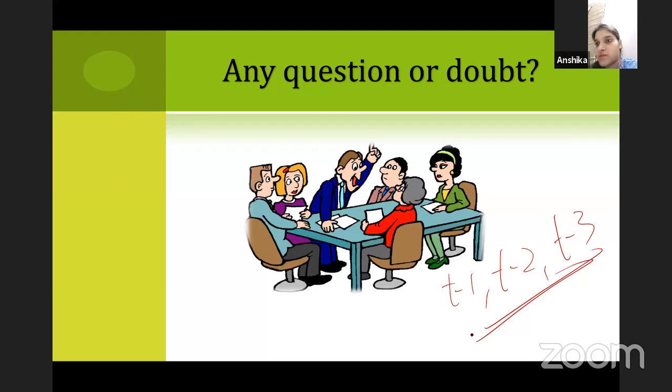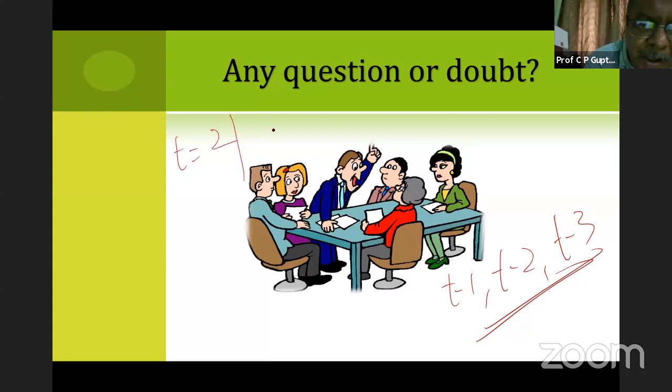Palak, normally you will find if the t value is two, it's some kind of a benchmark, which normally works.